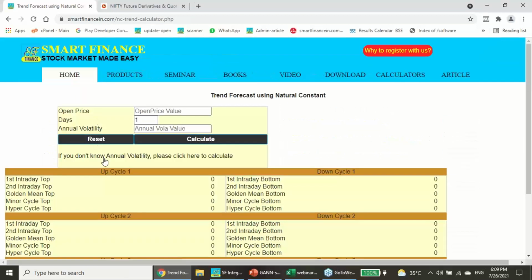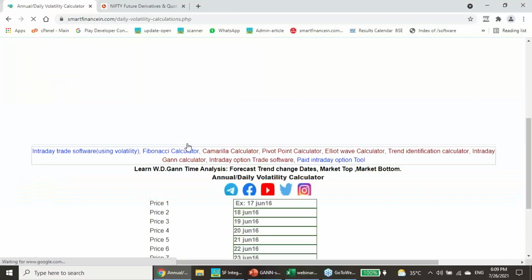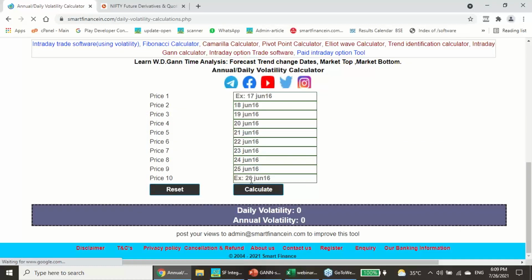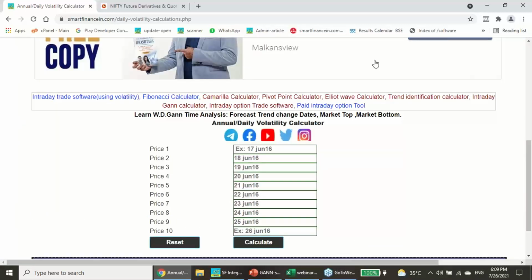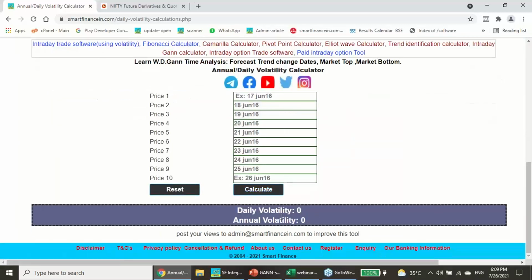Here we are giving you one more link: if you do not know the annual volatility, please calculate it here. You can provide the past 10 days of data and calculate the daily volatility and annual volatility. So you require the annual volatility figure.